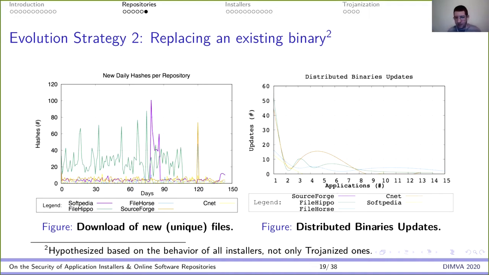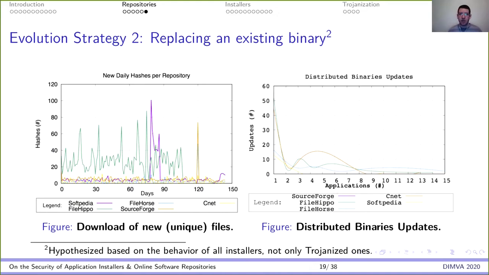And again, in the second figure, although most applications distributed few binaries over the evaluation period, a non-negligible number of them distributed multiple binaries. In the worst case, up to 50 distinct binaries were distributed for the same application, which seems unreasonable. At least I cannot explain why such updates are so frequent.